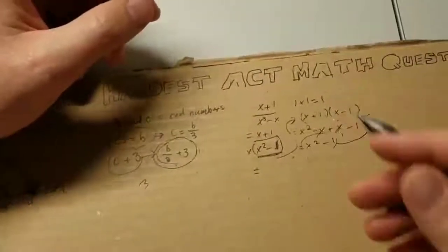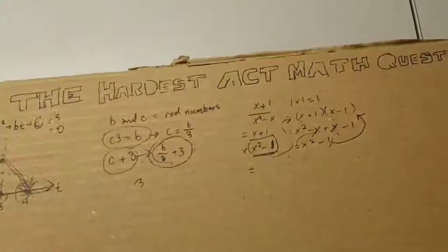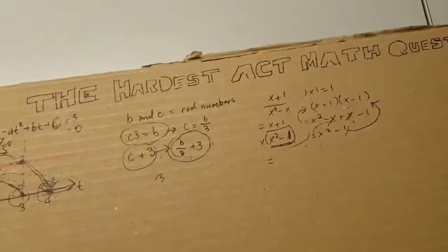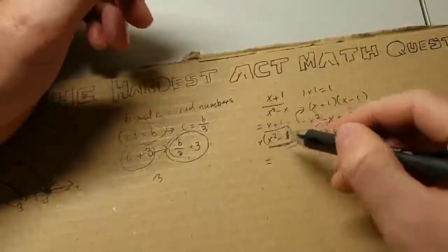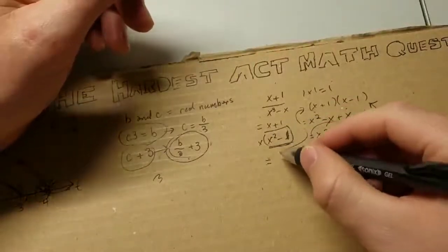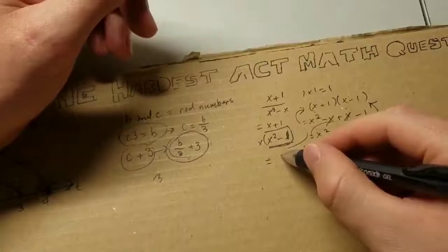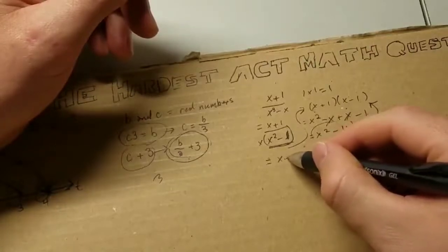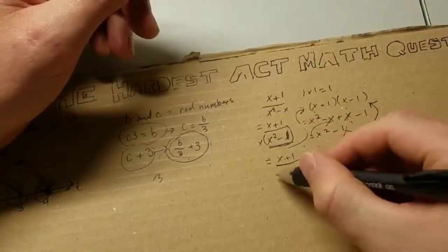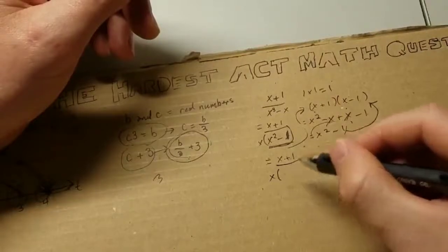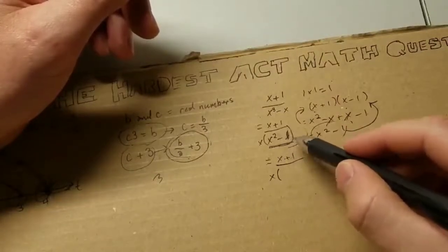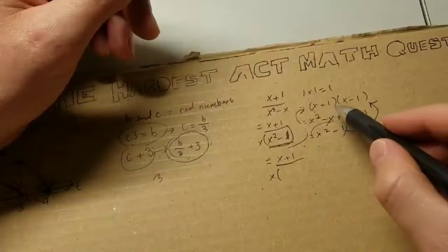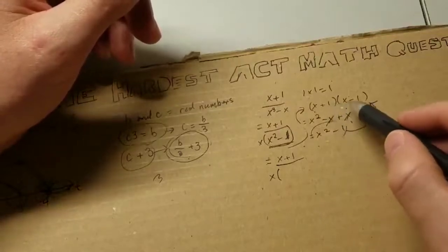And then we have back to our original function. The original function says x plus 1 divided by x times this, which we just broke up into these two functions.